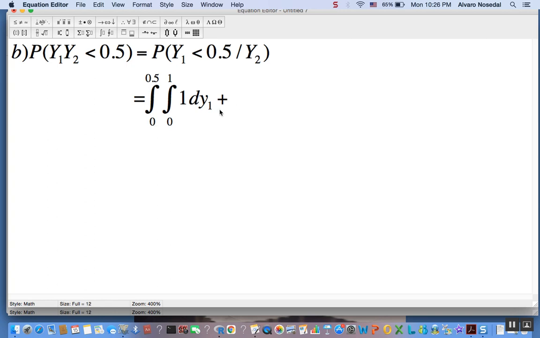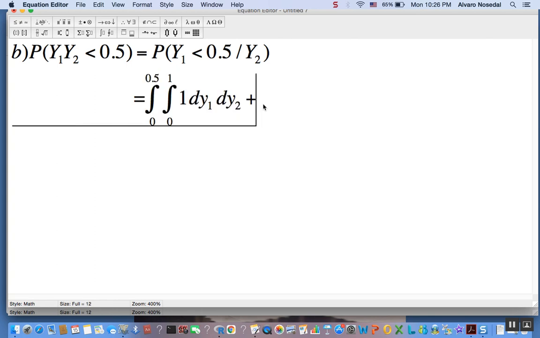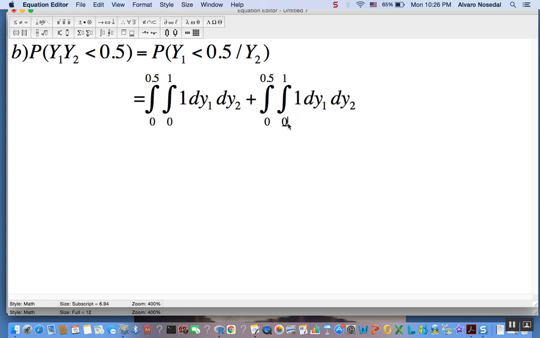Then the next integral looks slightly different, and I need the second variable here, right? Okay. Now the second integral is going to be slightly uglier, right?